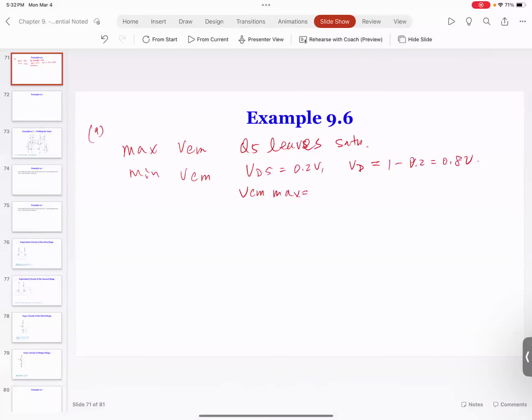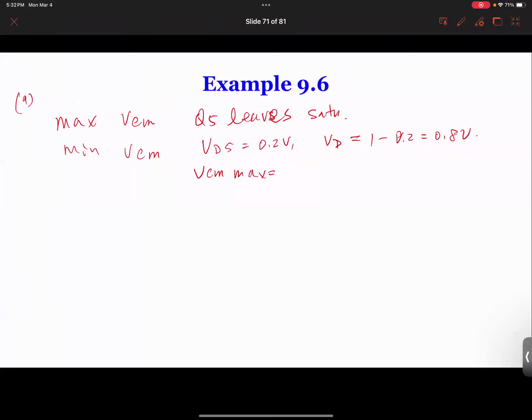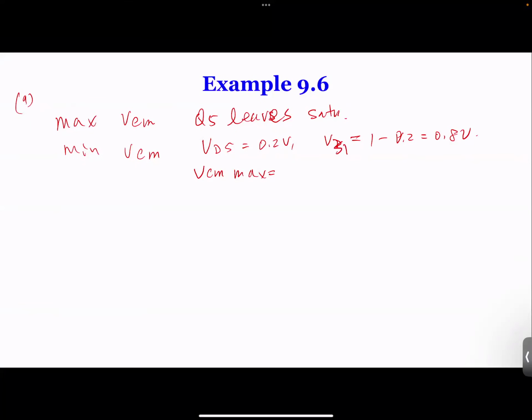And VCM max will be VS1 minus VGS. And VGS is going to be 0.8 minus VGS.